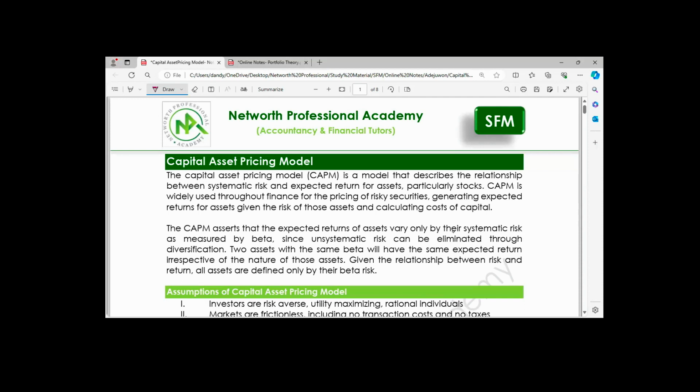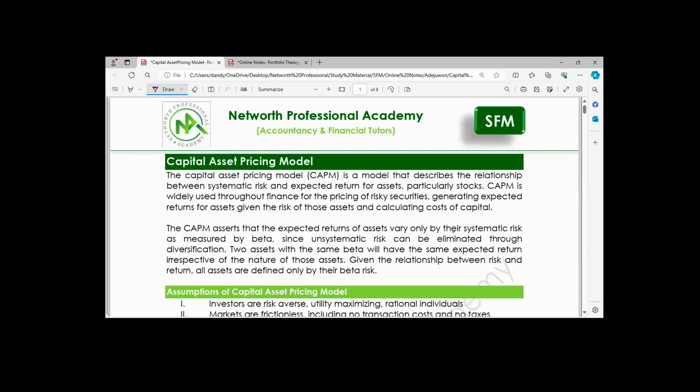There are basically two focuses: one is to establish the expected return on a security, as well as the systematic risk of the security. It is a model that establishes the relationship between the expected return of an asset and the systematic risk as measured by beta.